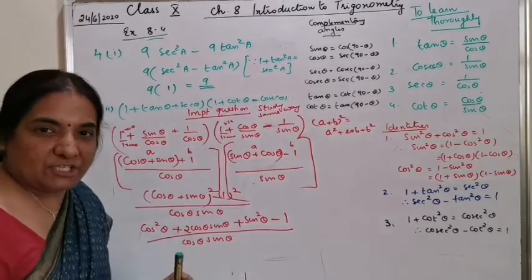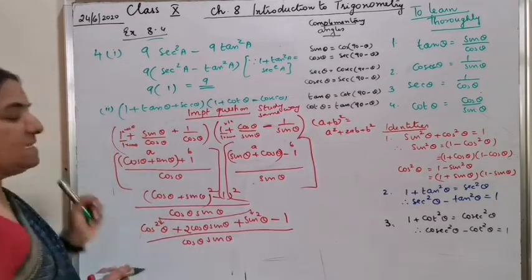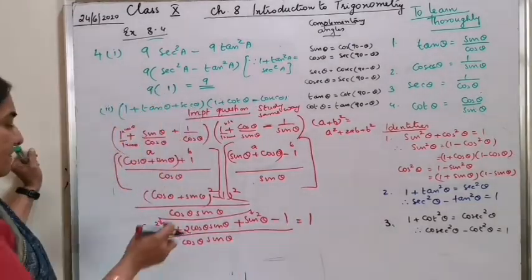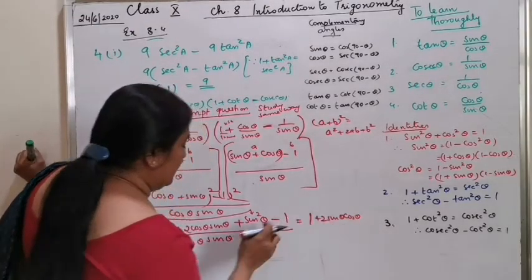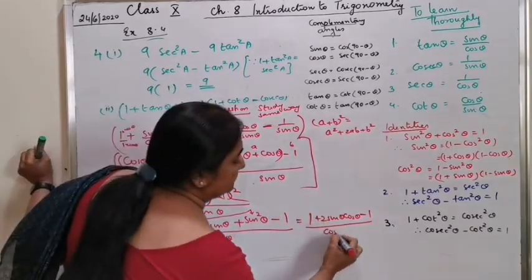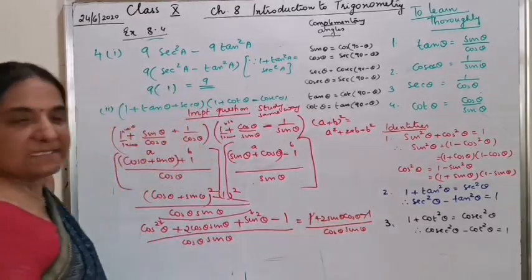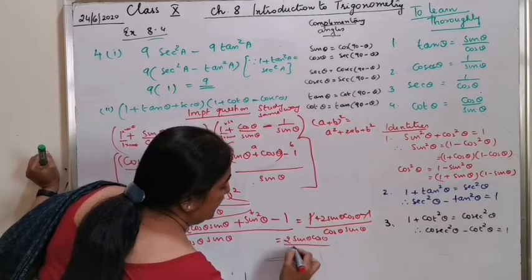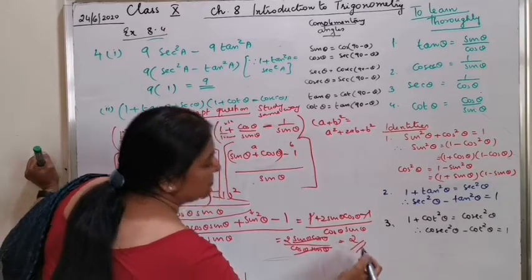After the simplification, the identity cos square theta plus sin square theta is 1, so we get 1 plus 2 sin theta cos theta minus 1 by cos theta sin theta. Positive 1 and negative 1 get cancelled. So it is 2 sin theta cos theta by cos theta sin theta, and the answer is 2.